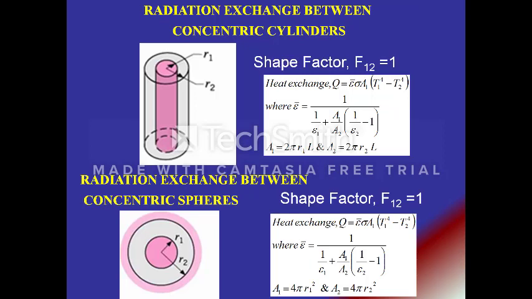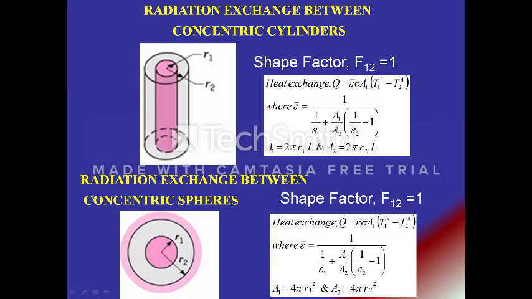Third case is heat exchange between two concentric cylinders. I have a cylinder having radius R1 and an outer cylinder having radius R2. So the radiation energy coming from the inner cylinder will be falling on the inner surface of the outer cylinder.